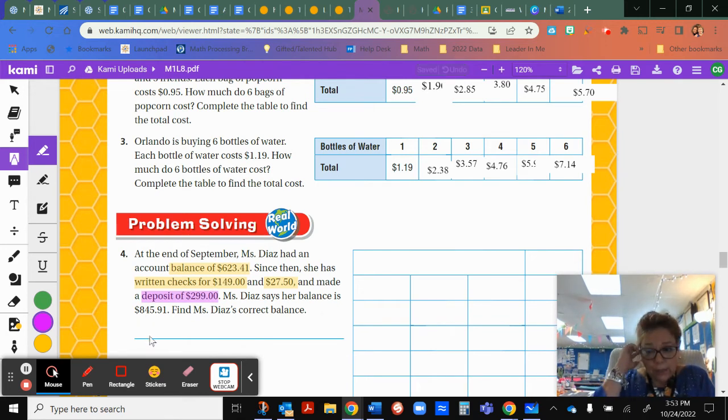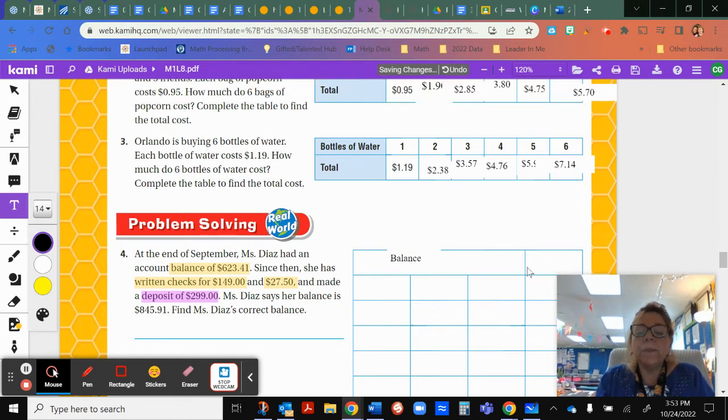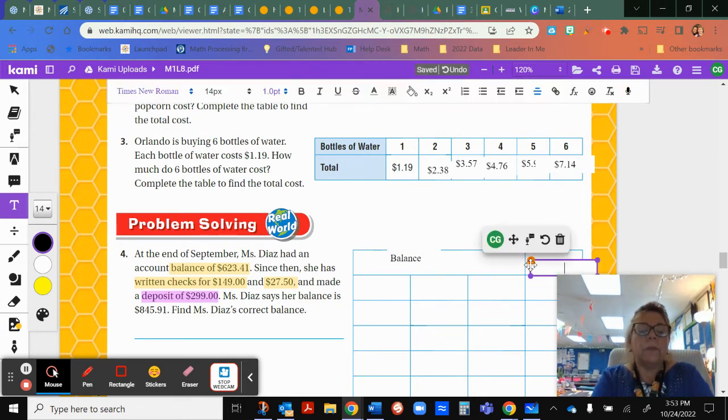Ms. Diaz says that her ending balance is $845.91. Is she correct? Okay, so over here, I'm going to type out balance. And in this box, I'm going to have $623.41.